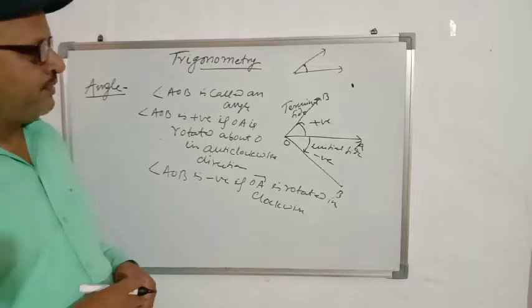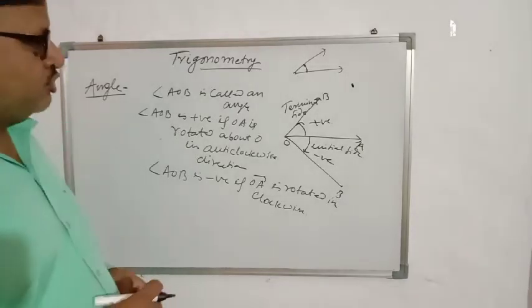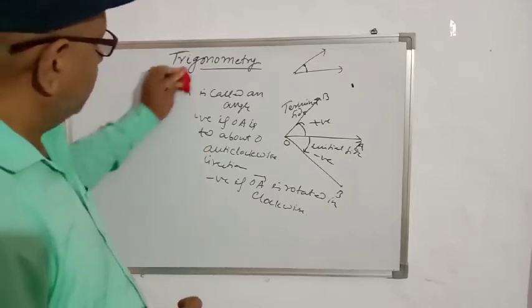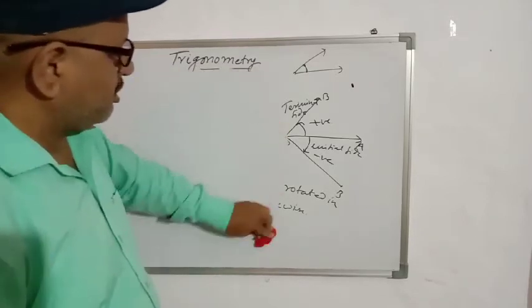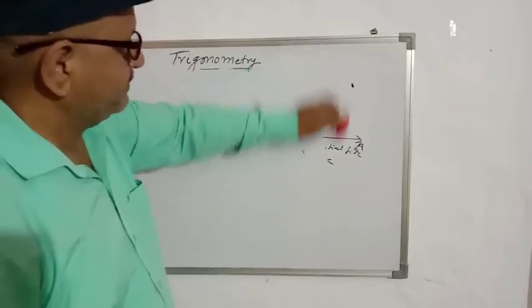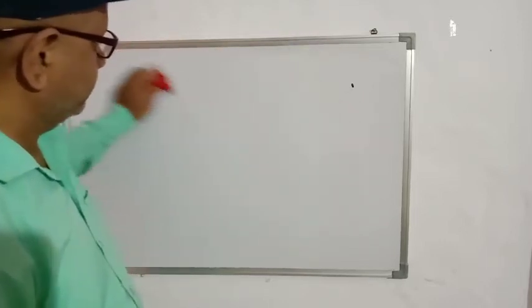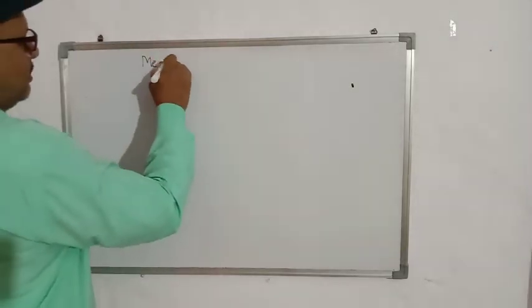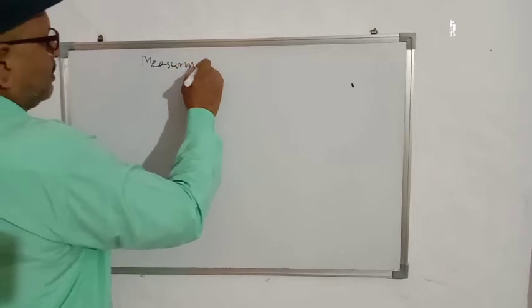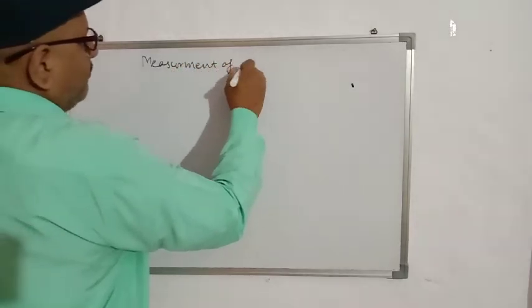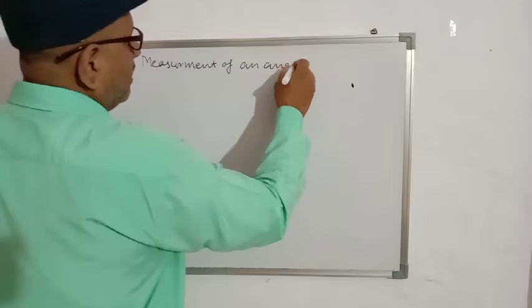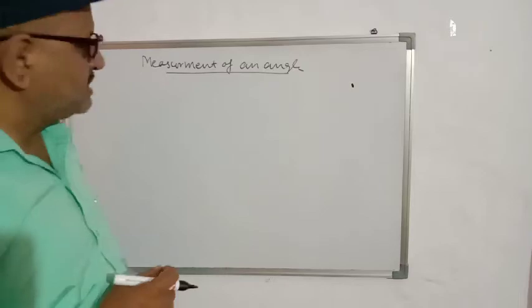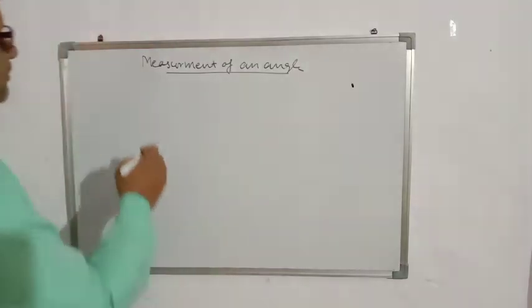Now we will see how we can measure the angle. Next point is measurement of an angle. There are three systems to measure an angle.